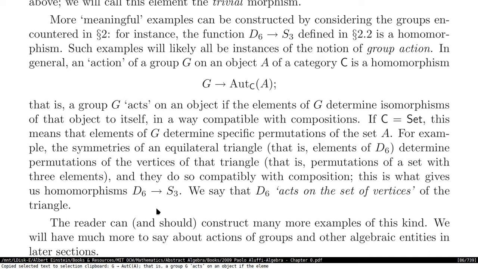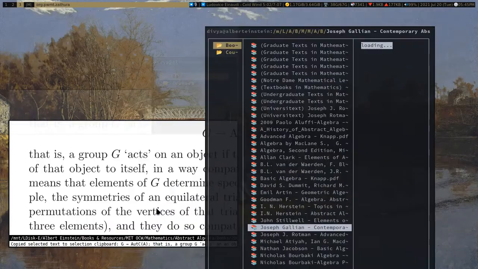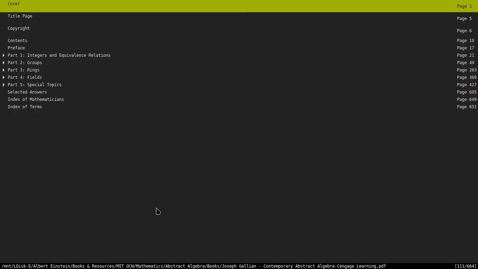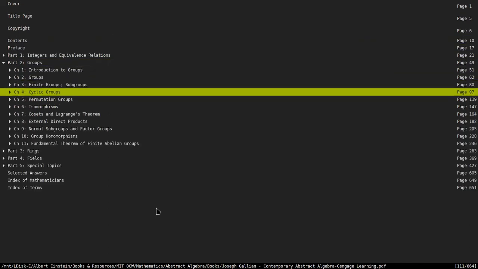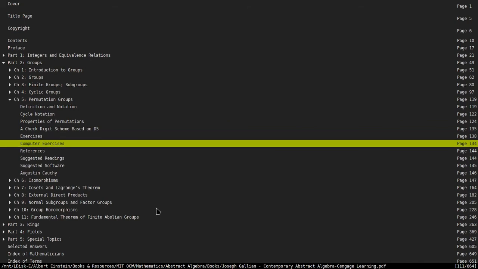I'm not sure, Aluffi doesn't talk about this, but as I've said before, Artin gives you these kinds of geometric interpretations. The dihedral group should be there.